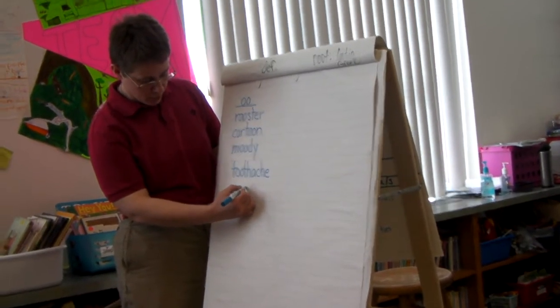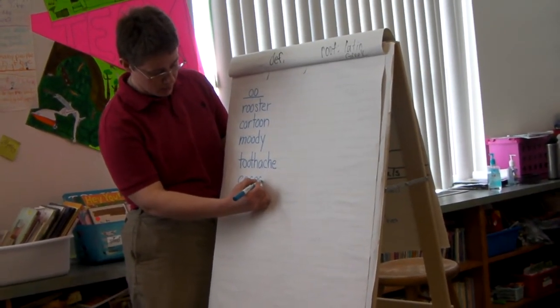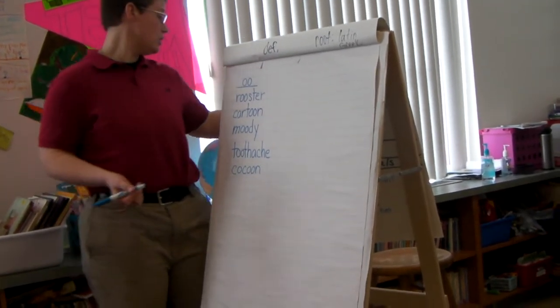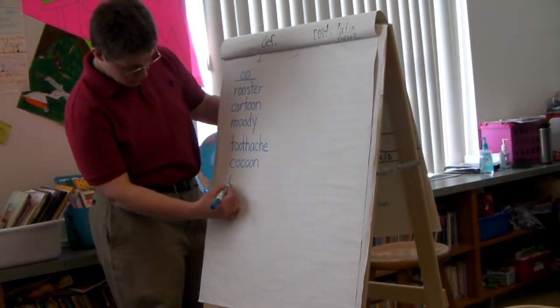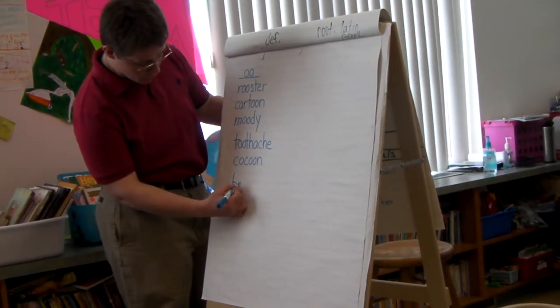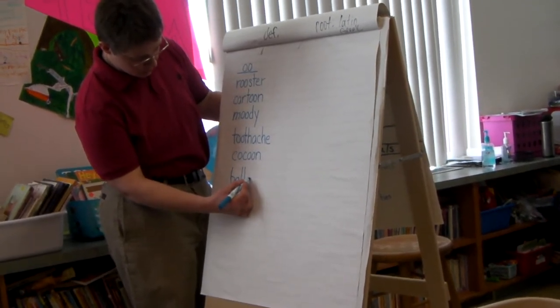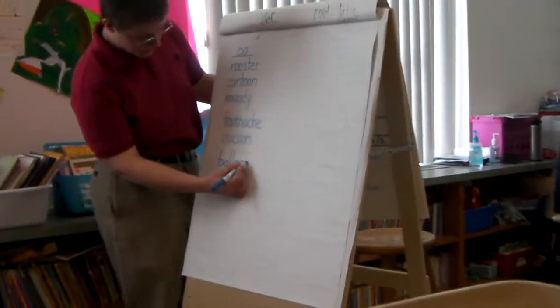And you guys know what a cocoon is, where the caterpillar crawls in, and then he spins a cocoon and he turns into a butterfly. Cocoon. We've got balloon. So any of the words that have OO in it are going to go into this sort. And there's a handful of others that will go in here.